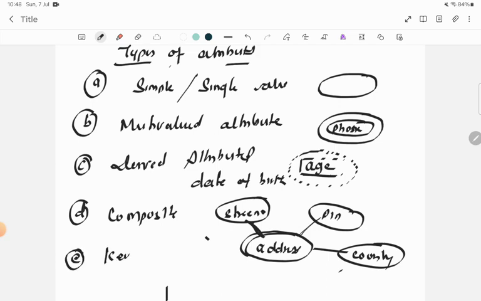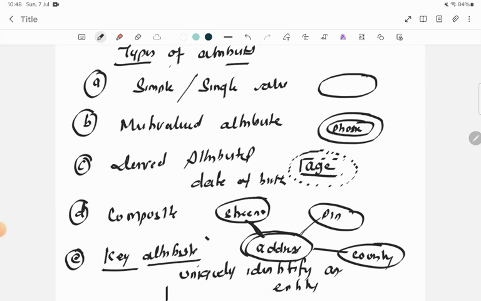Next is the key attribute. A key attribute is used to identify an entity uniquely. For example, if you take a student entity, the ID is used to identify it uniquely.